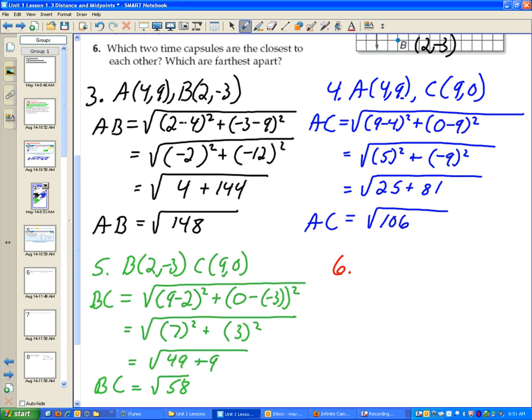That's the smallest number. So B and C are closest. And then which are the farthest? A and B are farthest apart.